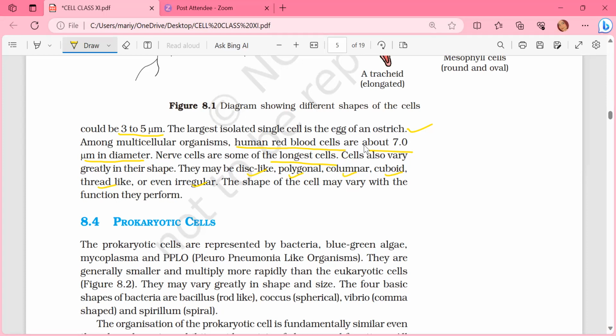For example, the human red blood cells are biconcave, and there is a reason why they are biconcave. The shape of the cell varies according to the function they perform. Is it clear to everybody? Yes, sir. Okay, very good.